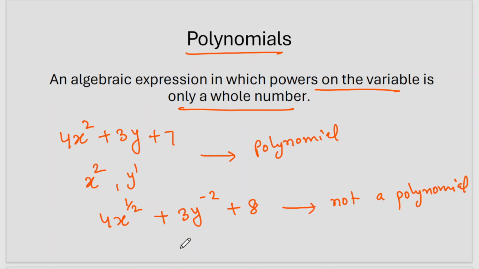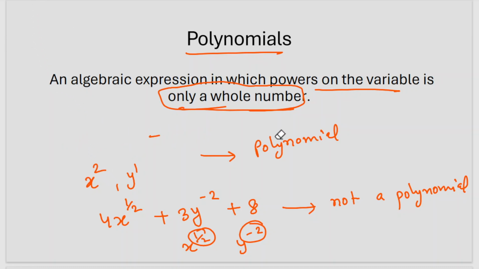Because the power on x is 1 by 2 and the power on y is minus 2, and we don't want this. We want only whole numbers, and we know whole numbers start from 0. Okay. Let me take a few more examples to understand polynomials well.